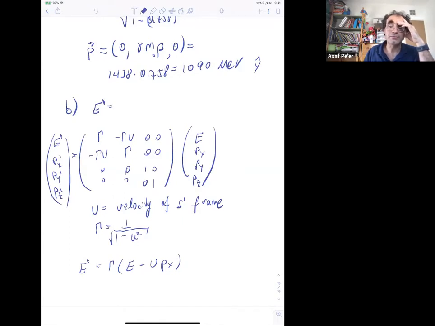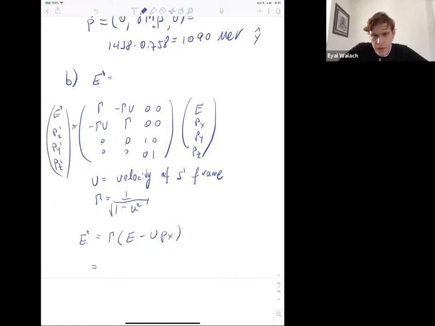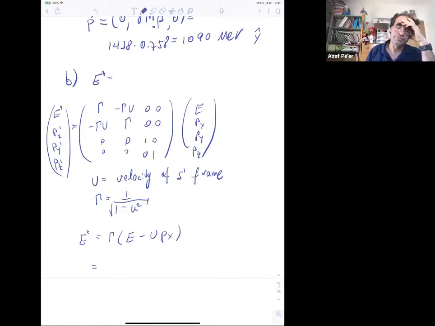What is Px? Px is zero. This is the proton momentum in the x direction as seen in the lab frame.